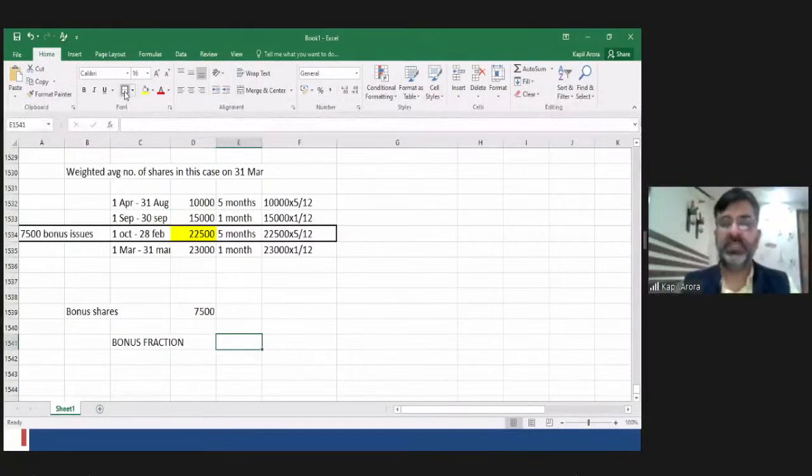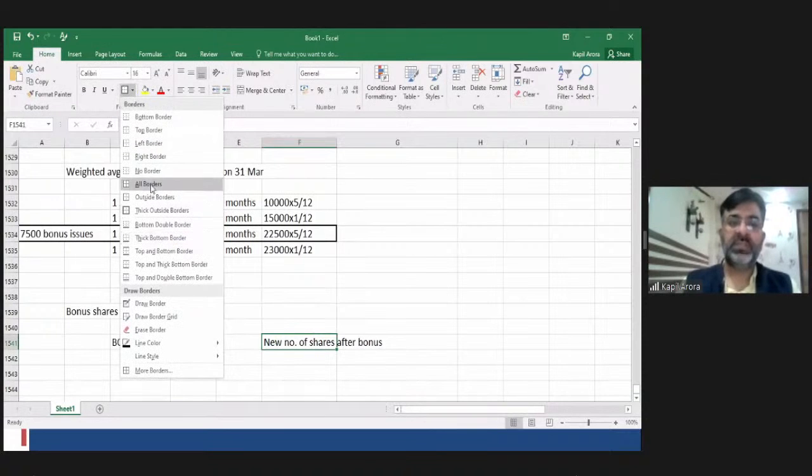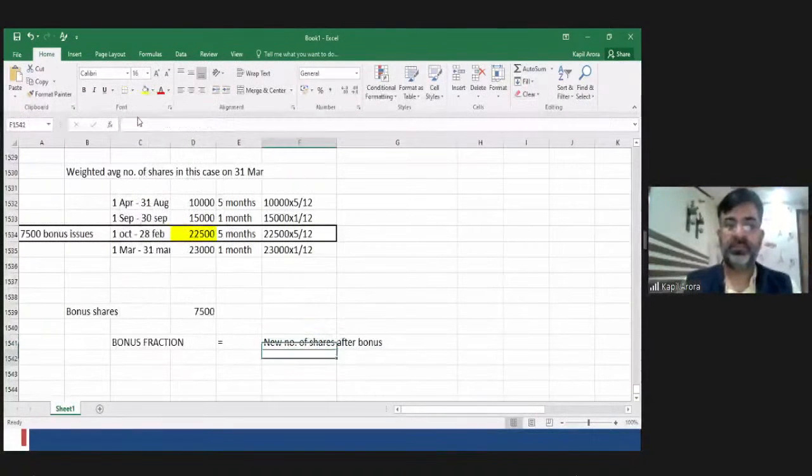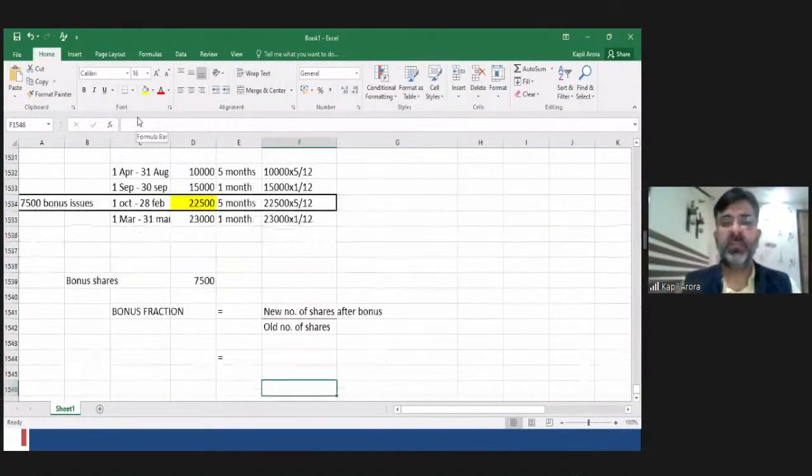The bonus fraction, which we discussed in case of a bonus issue, is the new number of shares after bonus divided by the old number of shares. For every 2 shares, 1 share would be given.